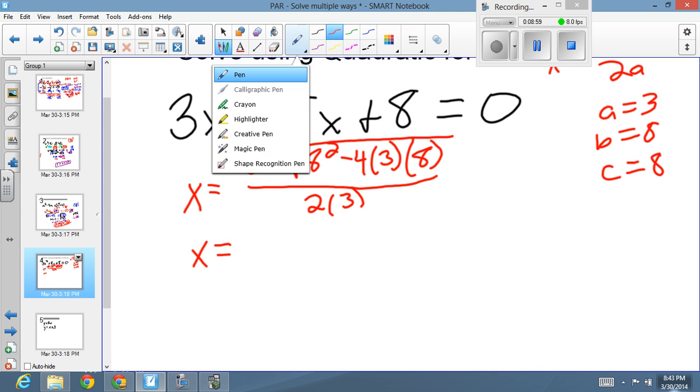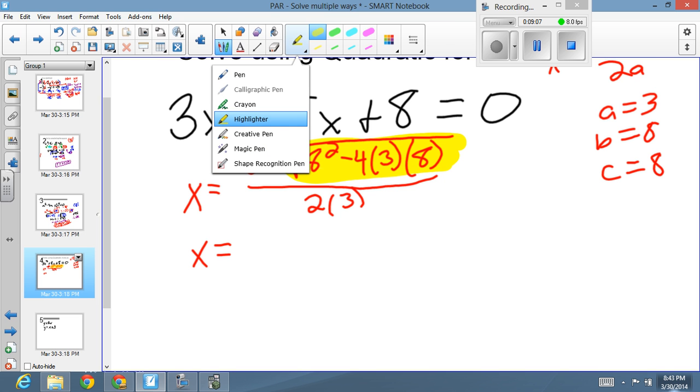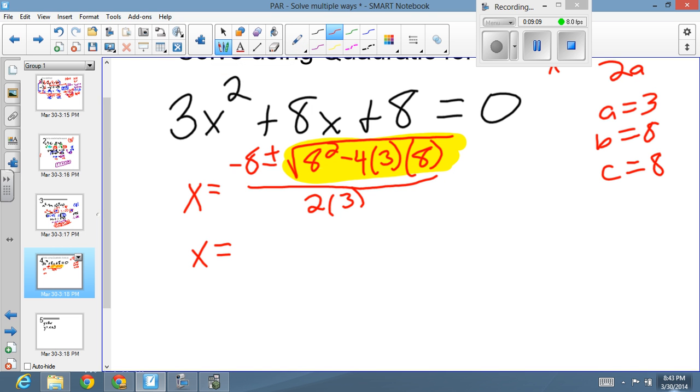Now, I told you in class a bunch of times, I think the smartest thing to do is to take this radical, go over to the side, simplify that, and then come back to where we started and just put something in this box. So I have the square root of 8 squared is 64.